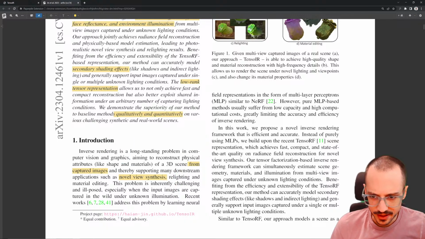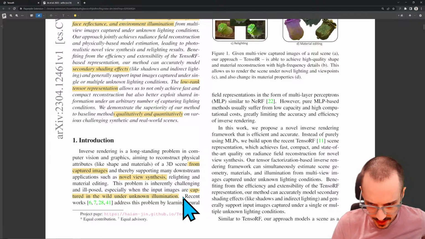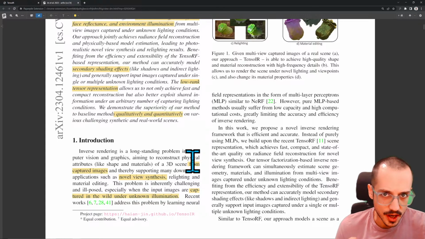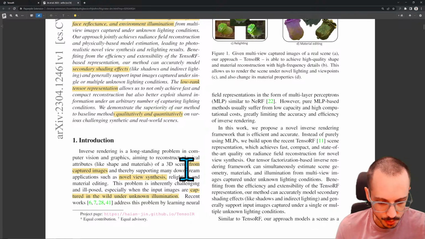This problem is inherently challenging and ill-posed, especially when the input images are captured in the wild under unknown illumination. Yeah, so this is a problem too that you see all the time in NERFs, where a lot of NERFs are sensitive to the illumination. So if you're capturing a NERF of an object, generally, if you want the best result, you want to have the same lighting for every single picture that you're taking.